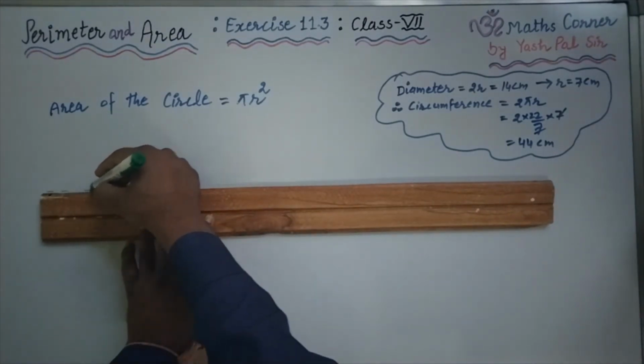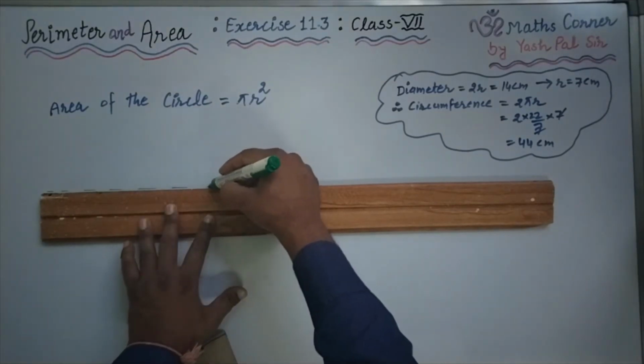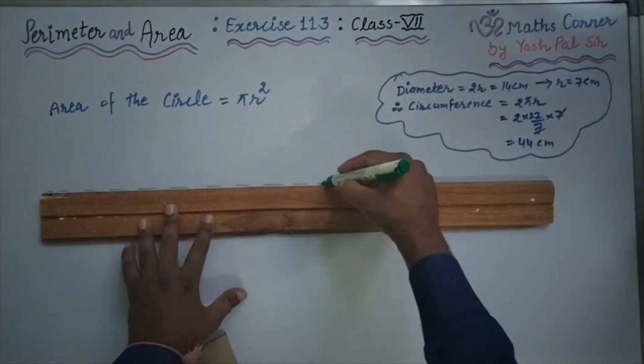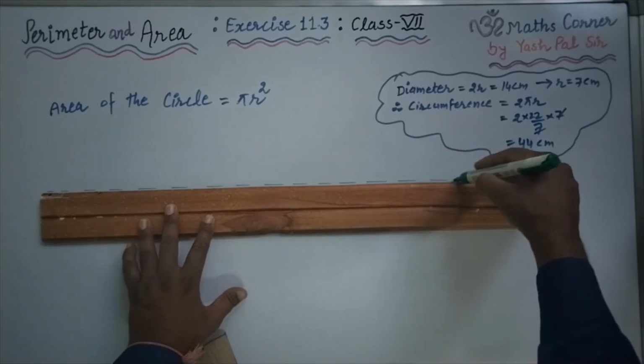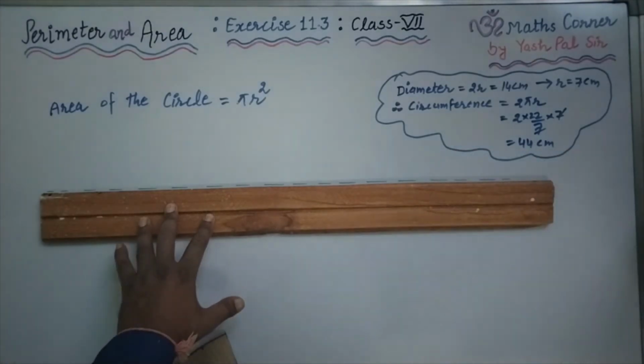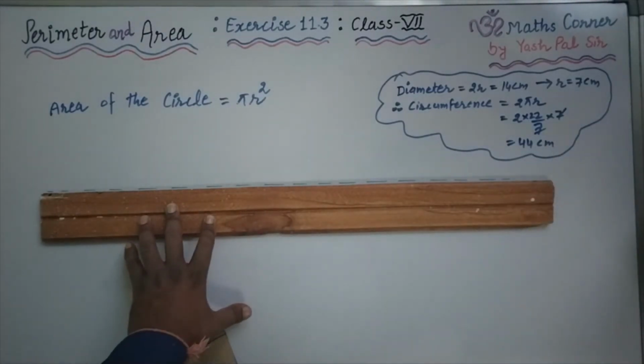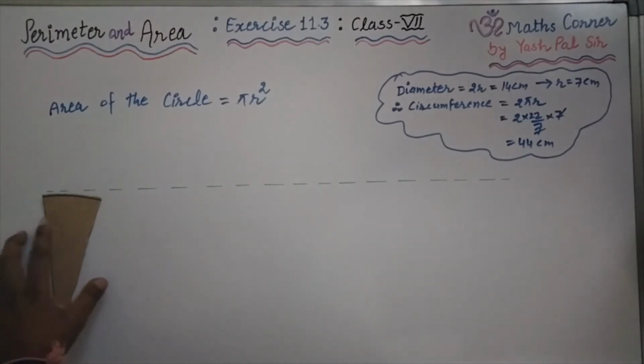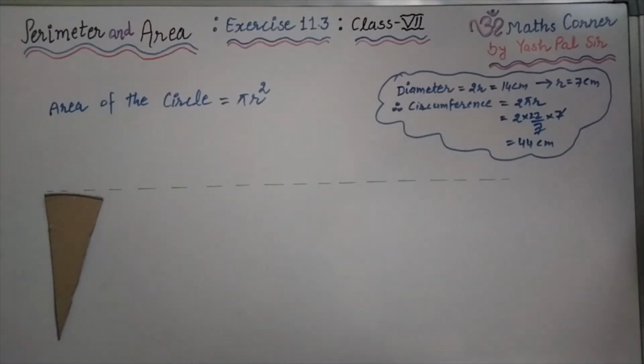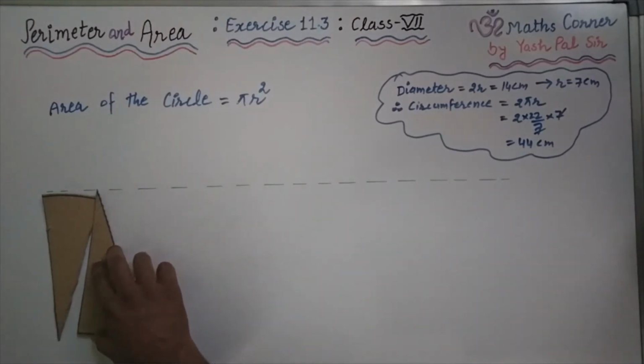With the help of the scale I draw first of all one line. Suppose this is the line. I am just drawing this dotted line. Now I take 7 units distance because r is equal to 7 unit, or I say here one piece I am placing here.